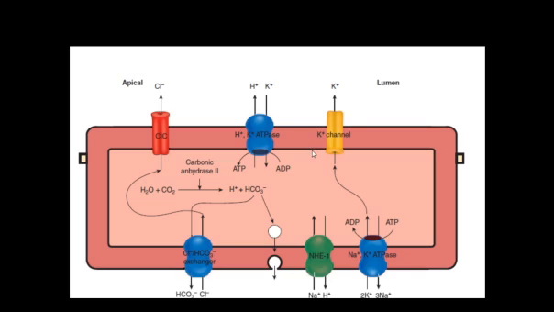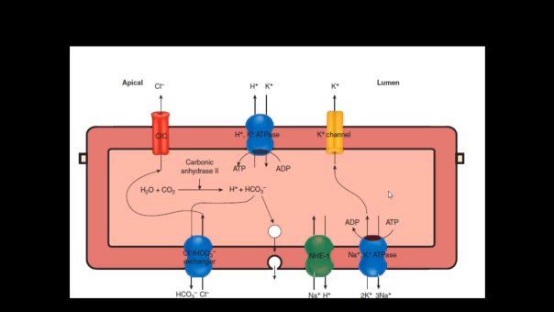There are two more factors, which is the increased electronegativity. Now this increased electronegativity is established by sodium potassium pump, which pumps more positive ions into the bloodstream when compared to the positive ions being pumped into the parietal cell. As you can see here, there are 3 sodium pumped out when compared to 2 potassium pumped into the parietal cell, which creates a net electronegativity.